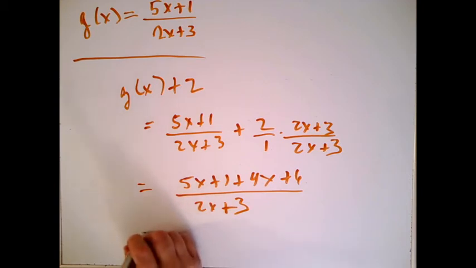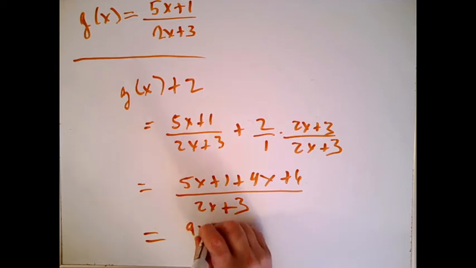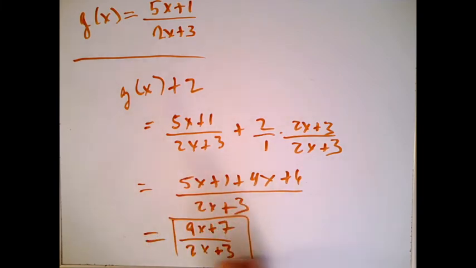And what we're going to get, I think, is 9x plus 7, all over 2x plus 3, like this. Let's box our answer in, and we have successfully added 2 to our formula for the original function.